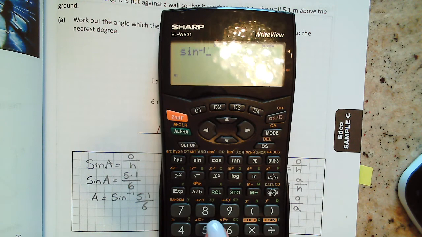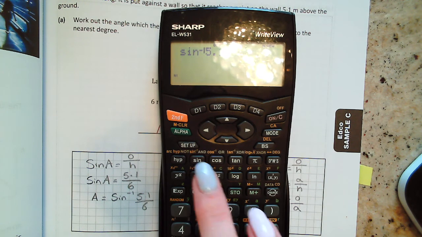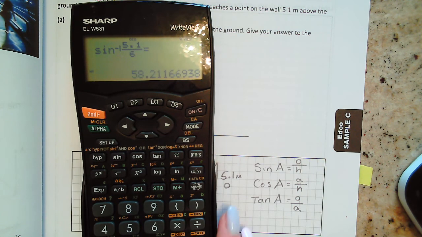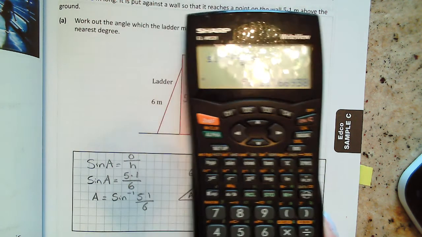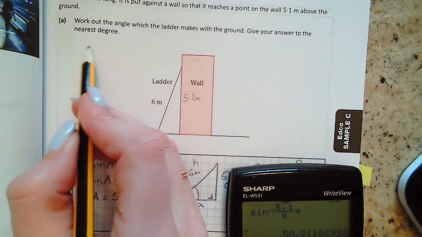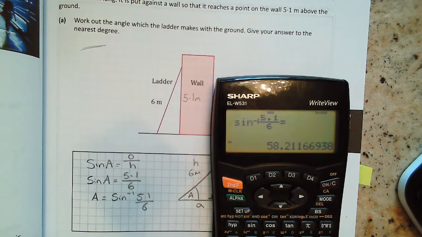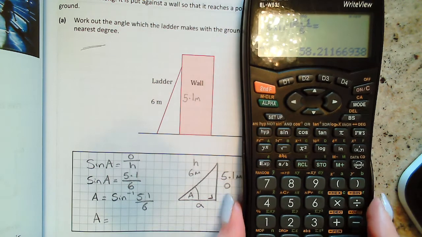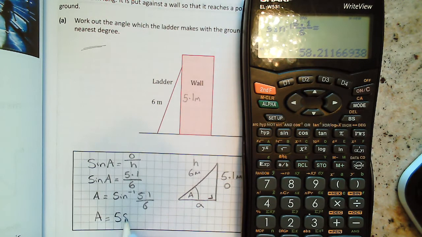Then I just plug in 5.1 over 6. Press equals, and we get 58.211, and the question says give your answer to the nearest degree. So A equals 58 degrees.